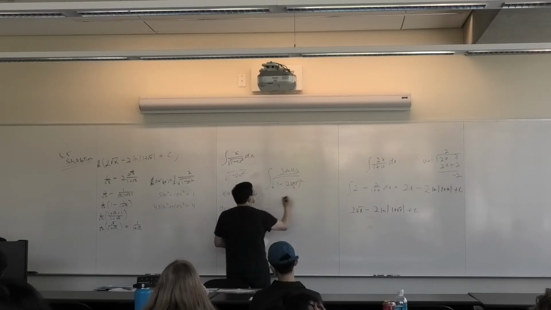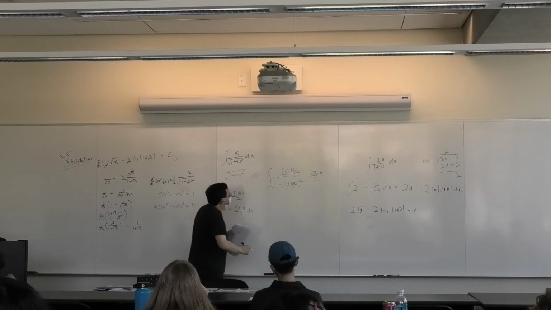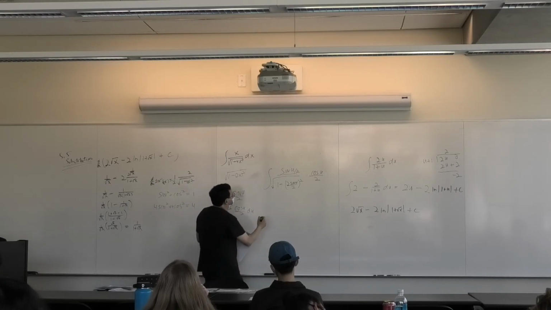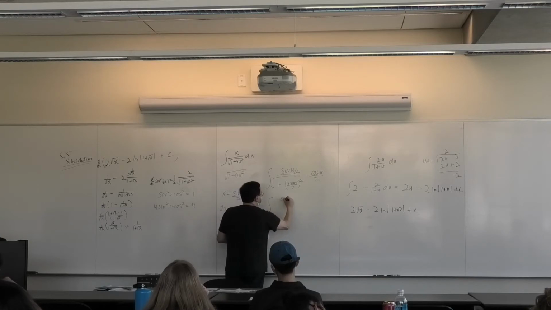And dx becomes cosine of u over 2 du. Okay, let's do a little simplifying here. Leave that in there for a moment, sine of u over 2.